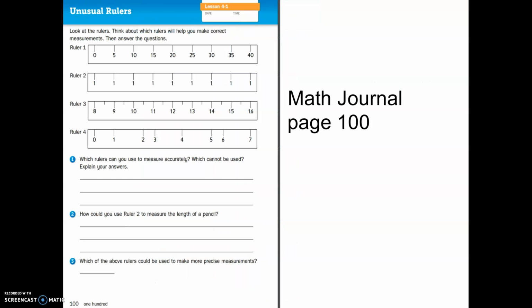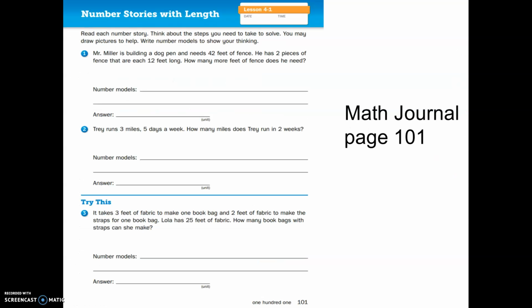Moving on. Here are some unusual rulers on page 100. So you're going to look at these rulers and think about which rulers will help you make correct measurements, and then answer the questions. Then, here we go.